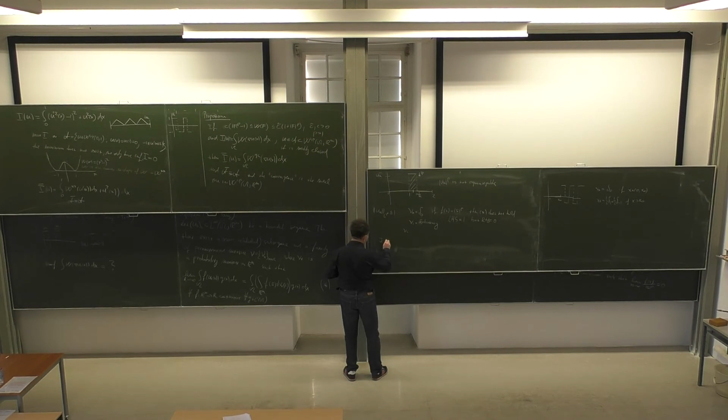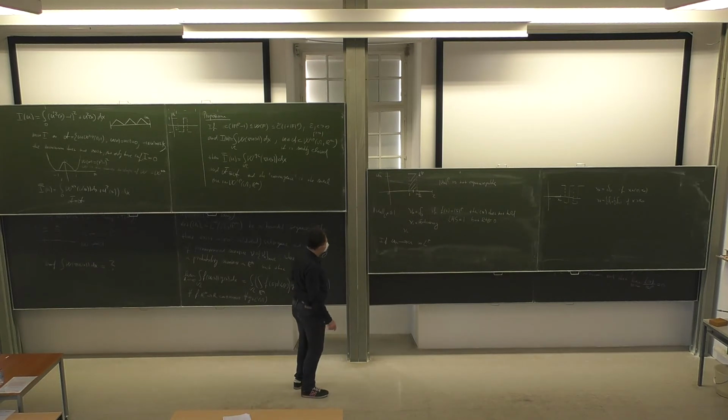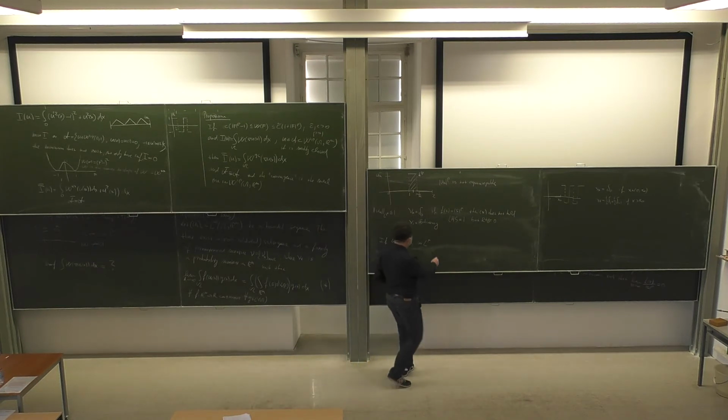If u_k converges strongly to some u in L^p, then nu x equals Dirac, but now at the point u of x.